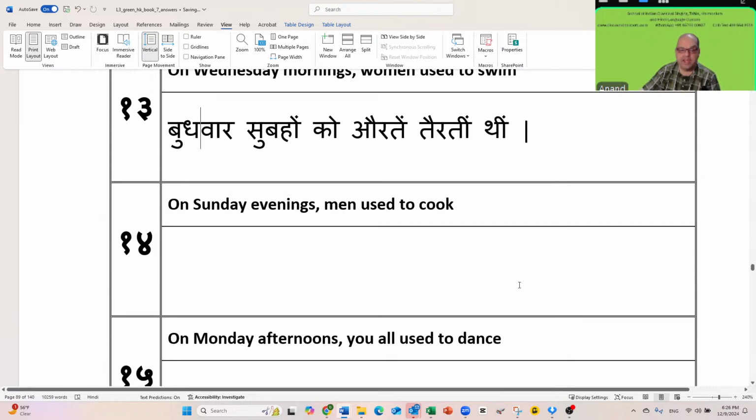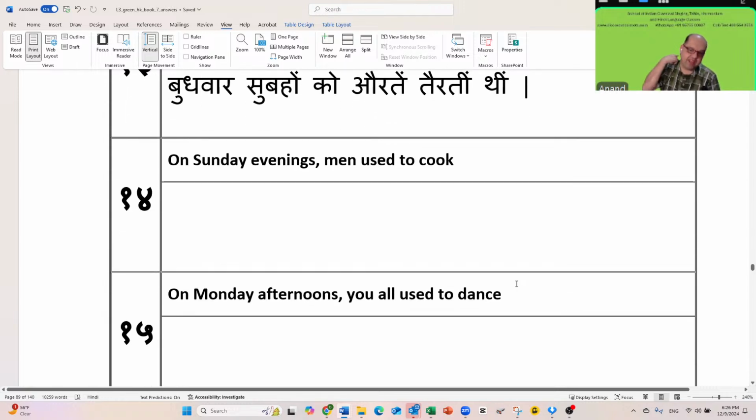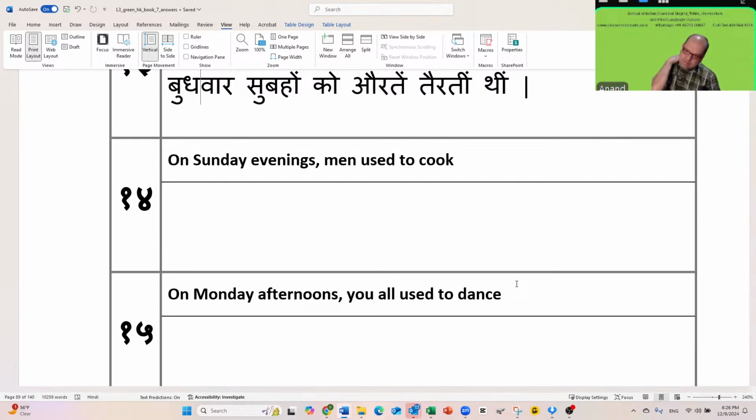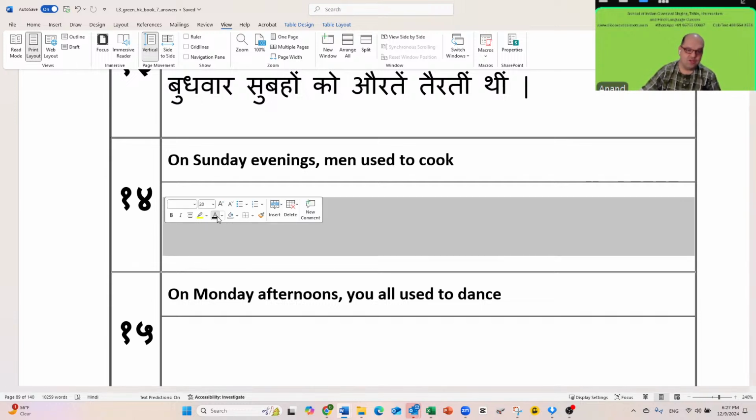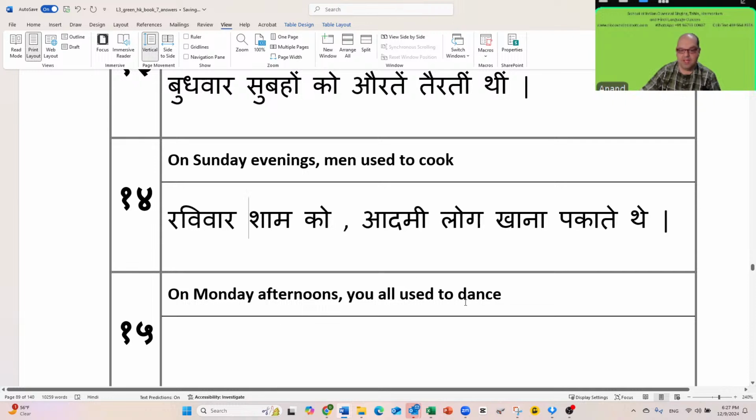Okay, Ishan, next sentence. On Sunday evenings, men used to cook. रविवार की शामों को आदमी खाना पकाते थे. Very good. And to make it exactly plural, I add लोग.